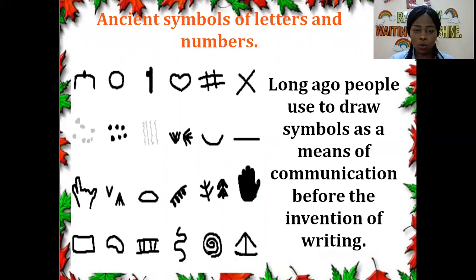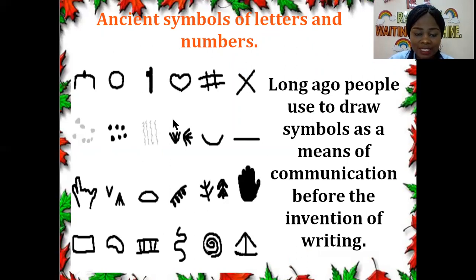Now, long ago, people used to draw symbols as means of communication before the invention of writing. These are the symbols they used to communicate in the past. Okay, these are called ancient symbols.